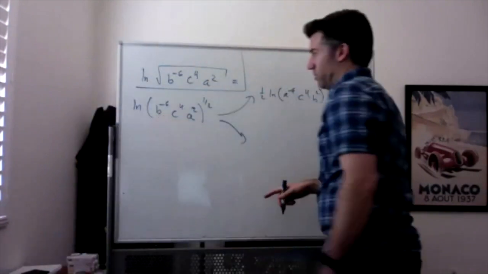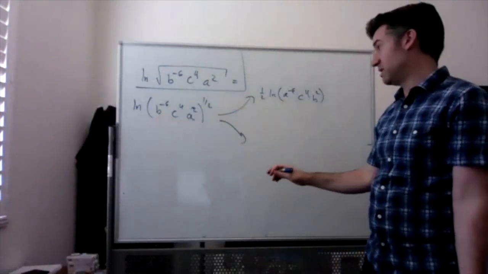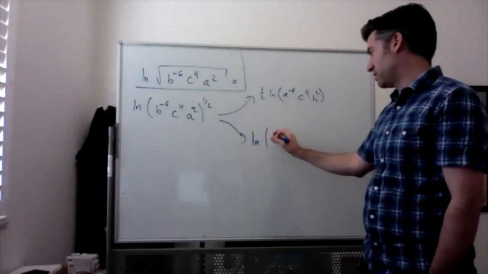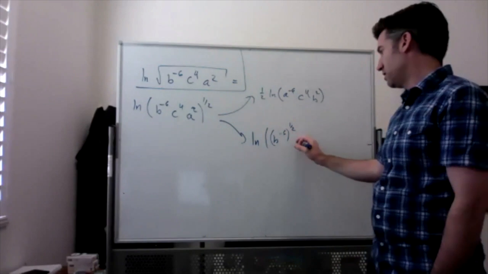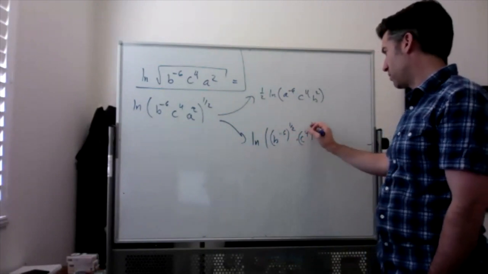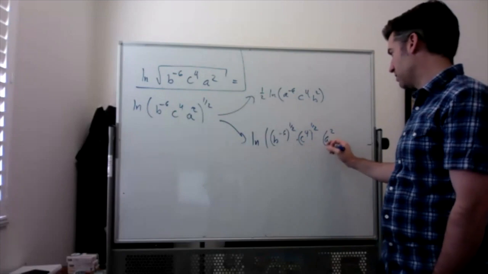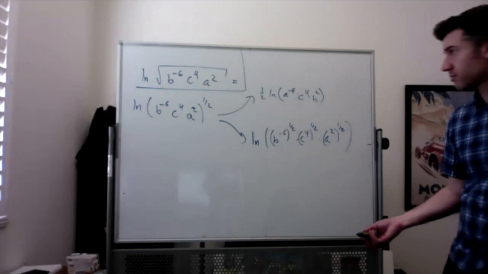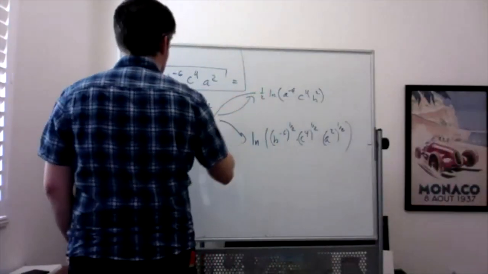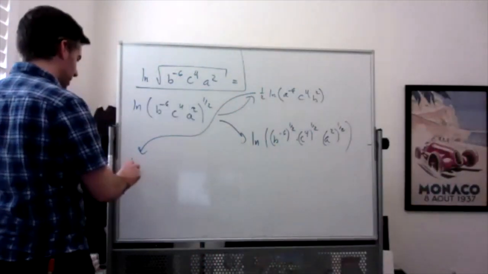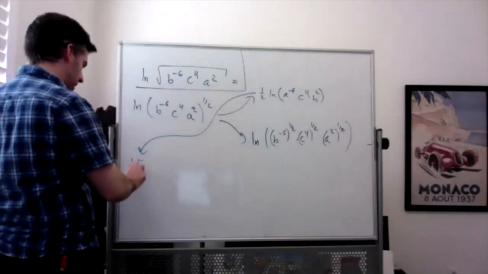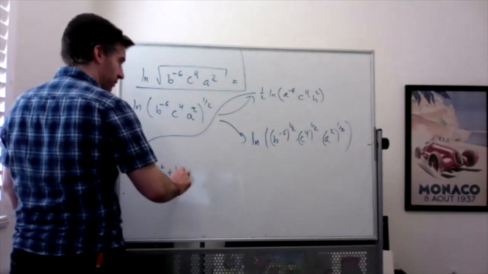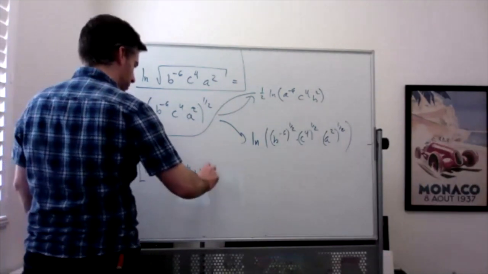If you've got a bunch of stuff multiplied together to a power, you're really just raising each thing to that power. So you can say that this is the natural log of b to the -6 to the 1/2 times c to the 4th to the 1/2 times a to the second to the 1/2. And either way is correct. If we go this way, then I'm going to break that up into 3 logarithms. So it's 1/2 times natural log of a to the negative 6 plus the natural log of c to the 4th plus the natural log of b squared.